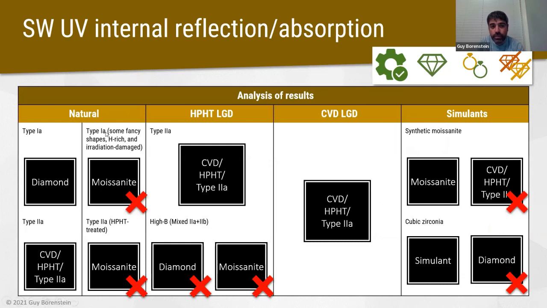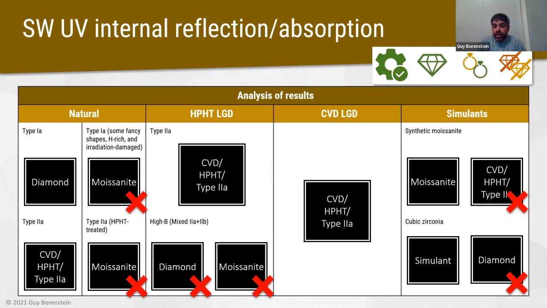If they are type 1A with some specific cases, like some specific fancy cuts, or a stone that is rich with hydrogen impurity, or a stone that has some natural irradiation damage, they could be mistakenly identified by these devices as moissanite or be referred to further tests. If we are putting in type 2A, they will identify it as type 2A. Of course, they cannot differentiate between natural type 2A and lab-grown type 2A, but they will give you the right alert.